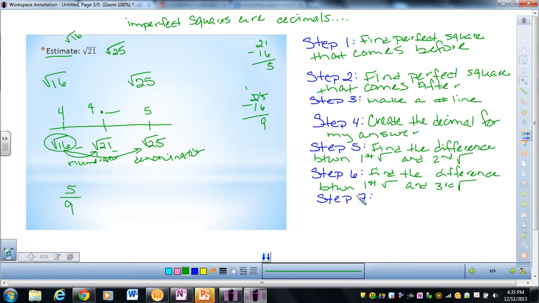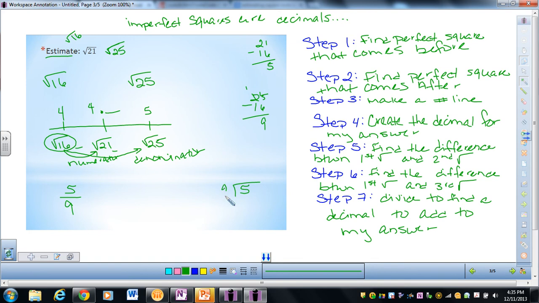And that step 7 was to divide those two to find a decimal, to add to step 4, which is this part right here. So if I take 5 and I divide it by 9, 9 does not go into 5, so I put a 0 there.